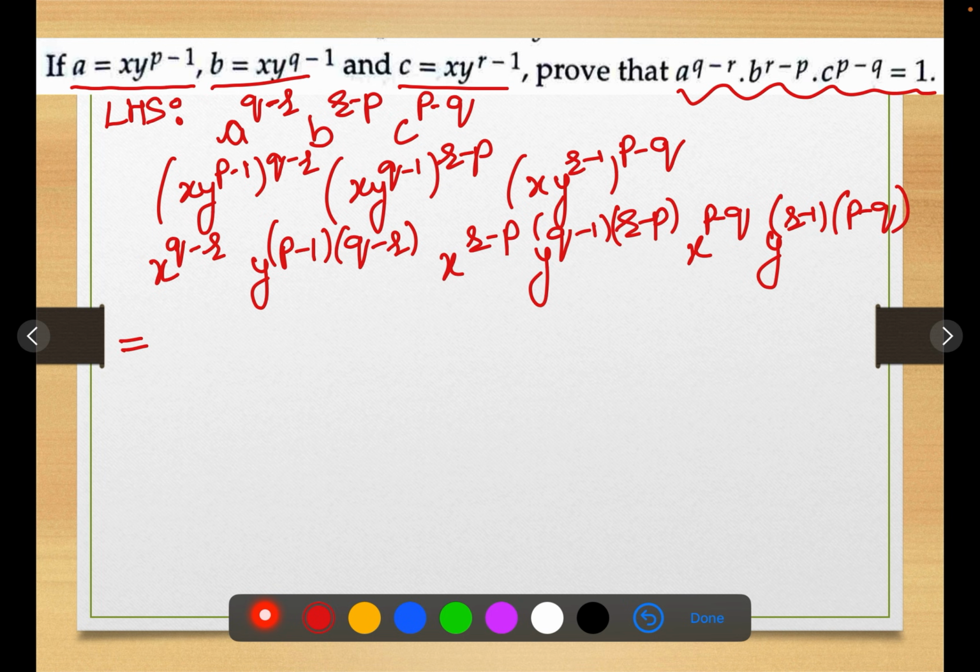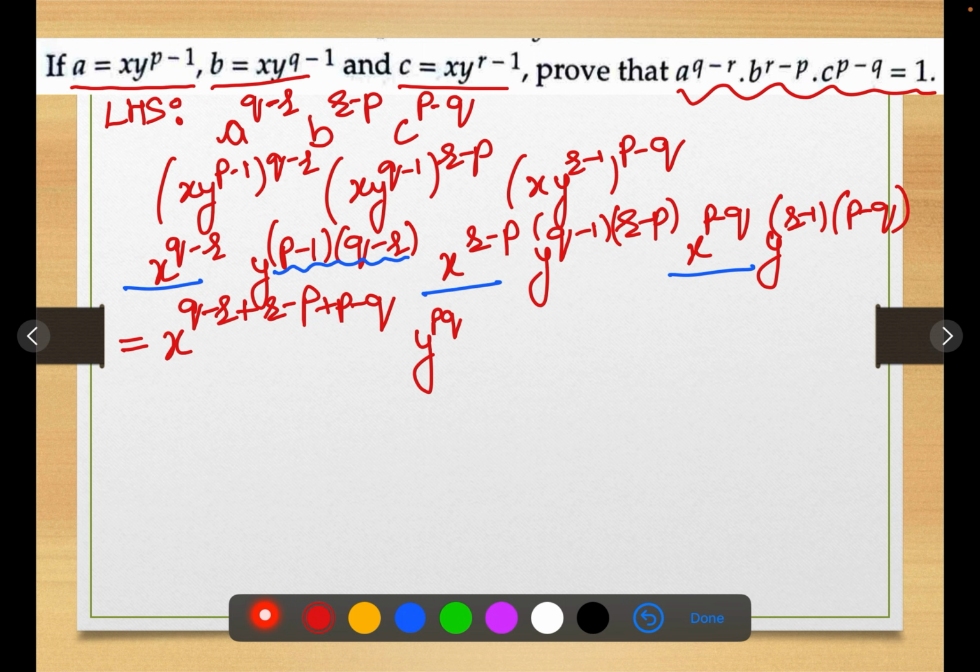Since there is no calculation with the base x, I'll combine the powers of x. I'll combine this term and this term: q minus r minus p plus p minus q, and then y. For y, I have to multiply this, which I am doing directly and writing as pq minus pr minus q plus r.